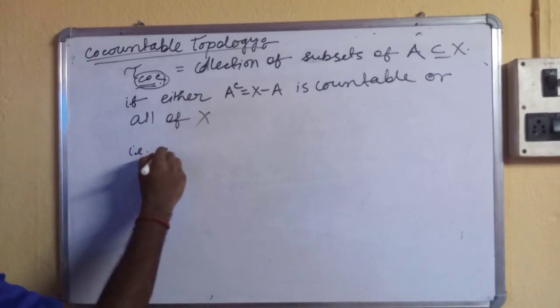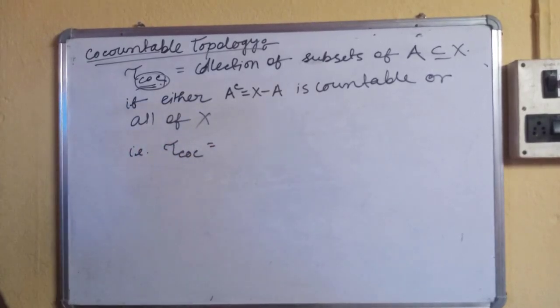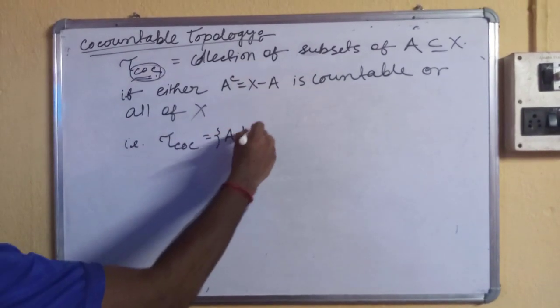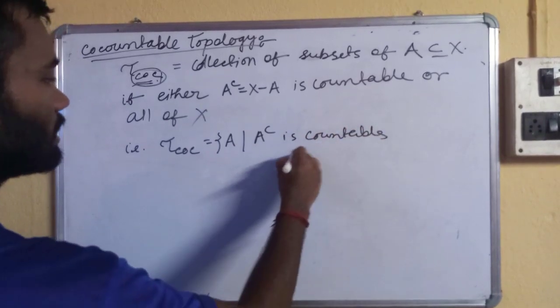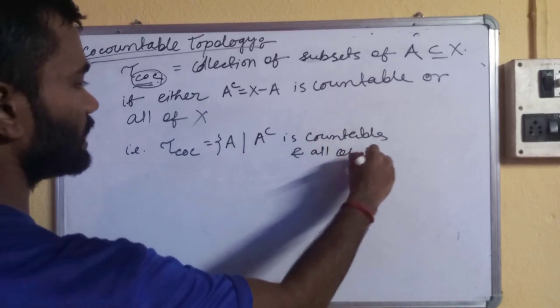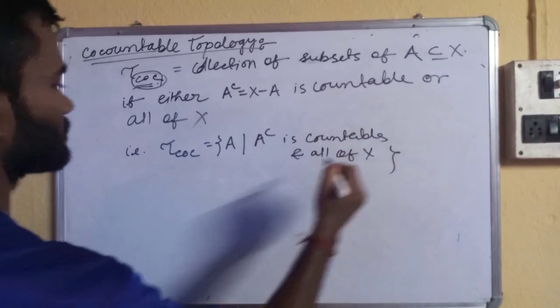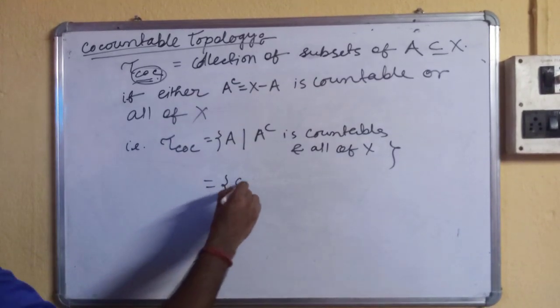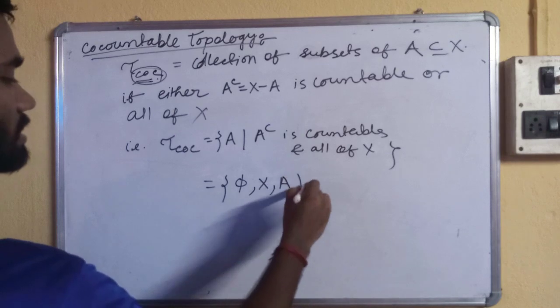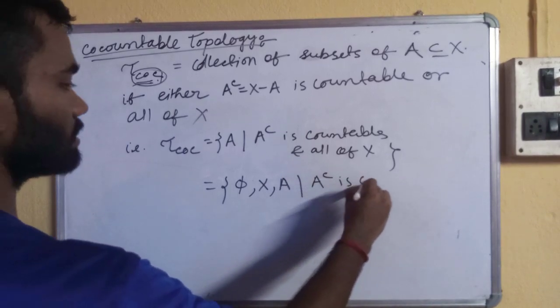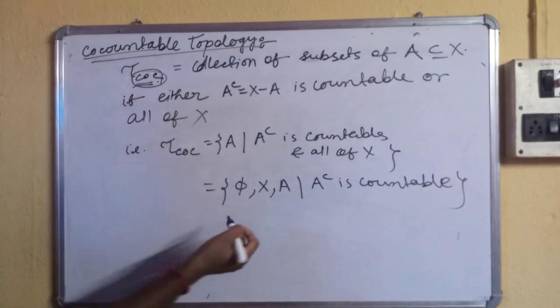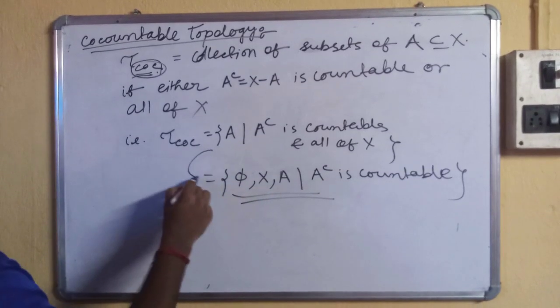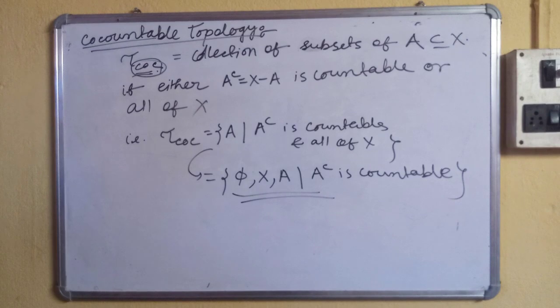We can write this as phi, x, and A such that A complement is countable.